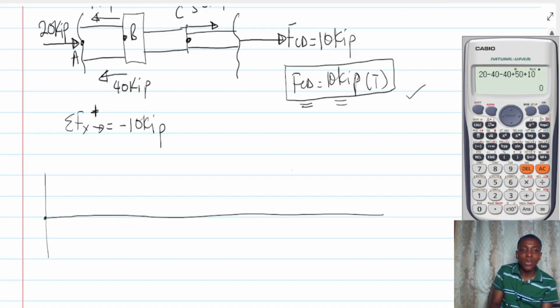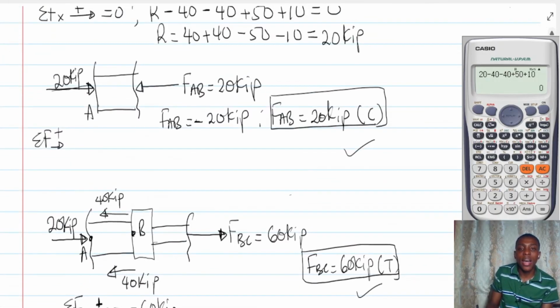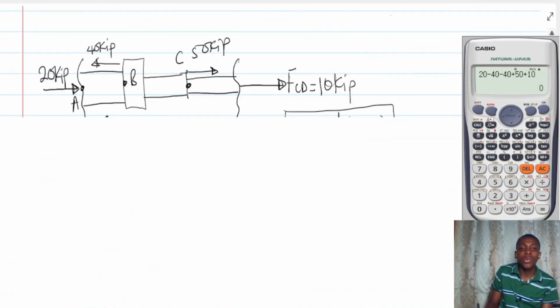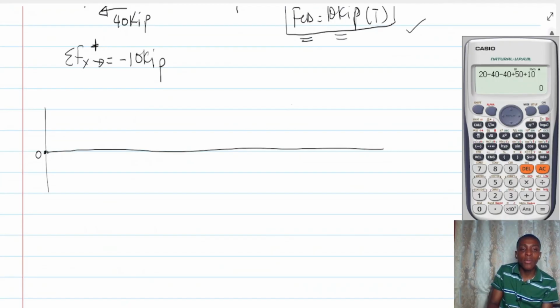Let's say that this portion is my origin, which is 0. From A to B, I have a compressive force of minus 20. So from 0, I came down to minus 20.